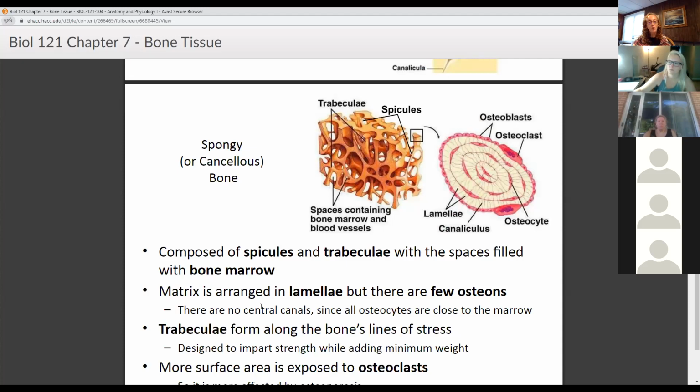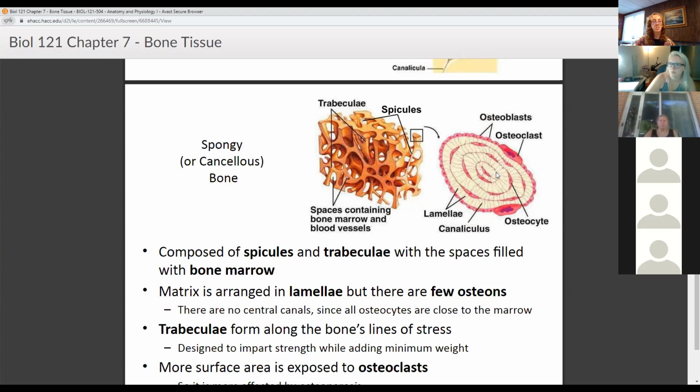Spongy or cancellous bone is composed of spicules and trabeculae with the spaces filled with bone marrow. The matrix is arranged in lamellae. If we make a cross section through one of these trabeculae, trabecula means a bar, it looks like concentric lamellae.